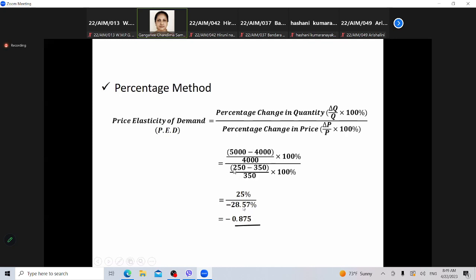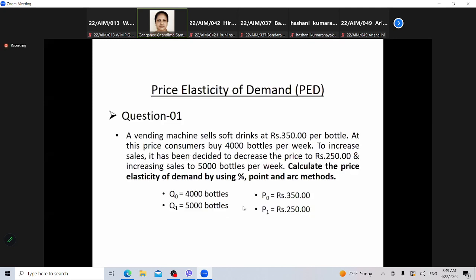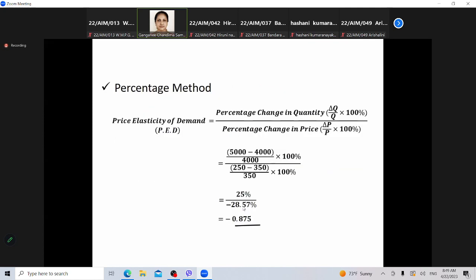So then the price change 250 to 350. Initial price is 350 multiplied by 100. Correct? Initial price is 350. Anyway, the change is 100.